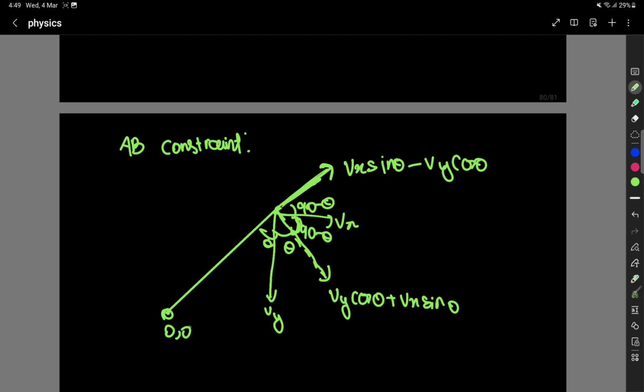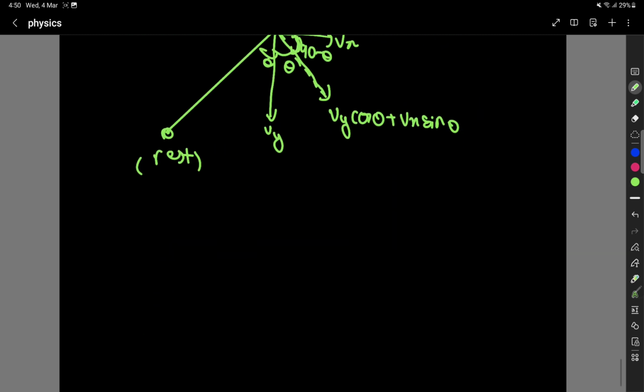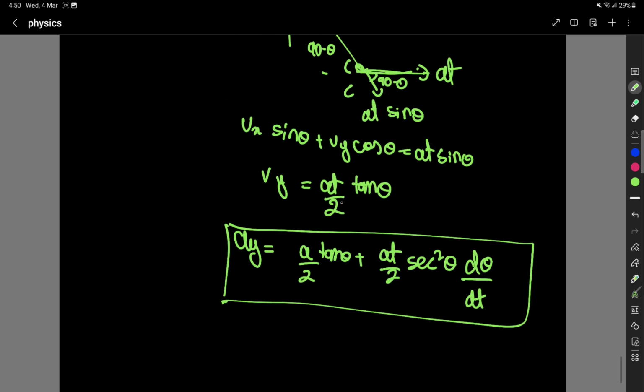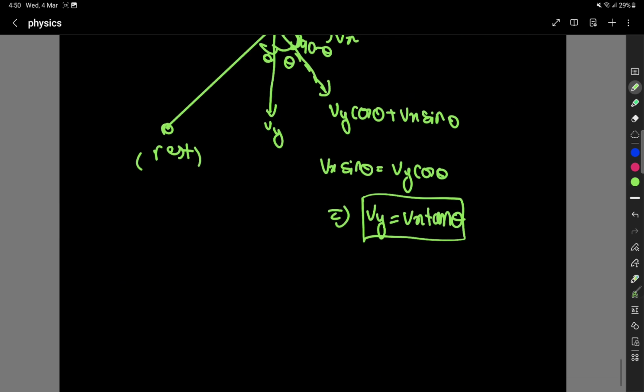Since this point is at 0, 0 rest, you can tell Vx sin theta is equal to Vy cos theta, which implies Vy is Vx tan theta. Did we get this relation earlier? Yes, we did. We also got it earlier itself.